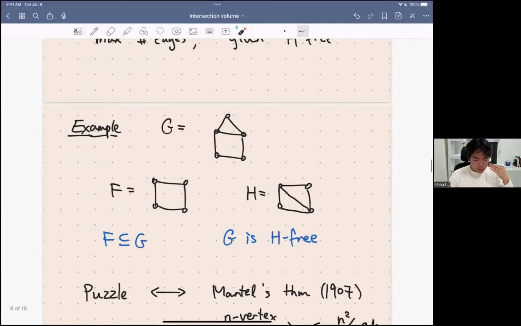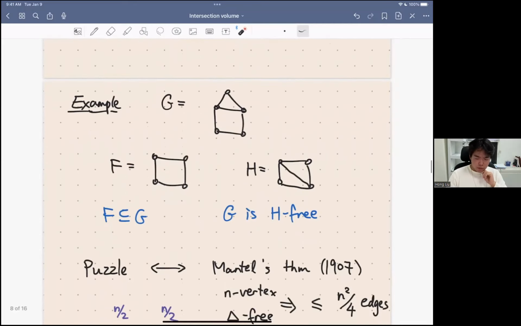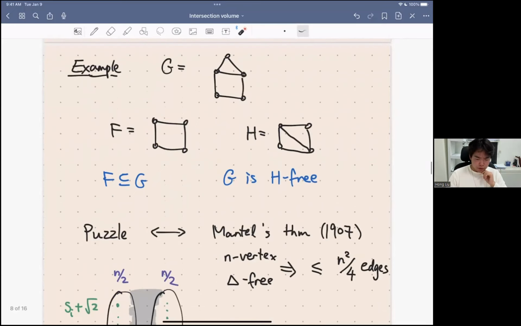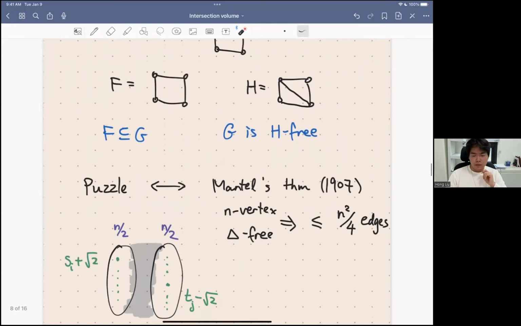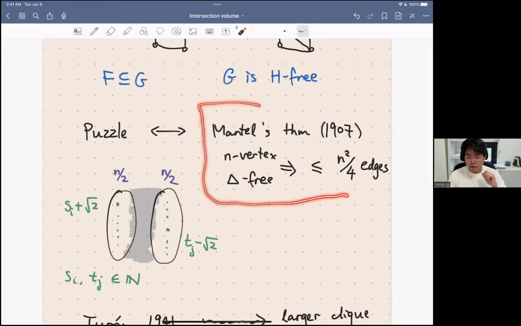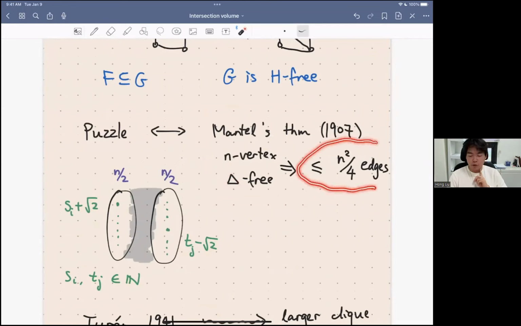Okay, so one of the starting points of this Turán type problem is this classical result of Mantel, more than a century ago now, which says that if our forbidden graph is the complete graph on 3 vertices, the pairwise adjacent, if you forbid this triangle, then you can have at most n squared over 4 edges.